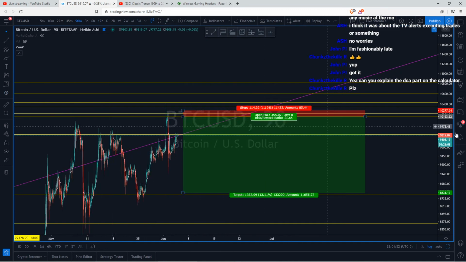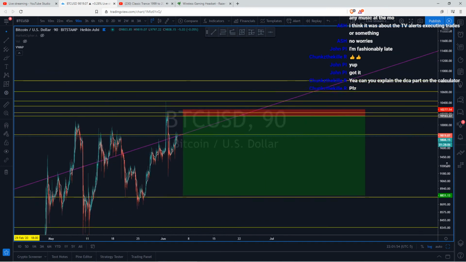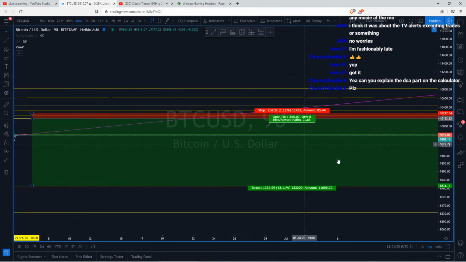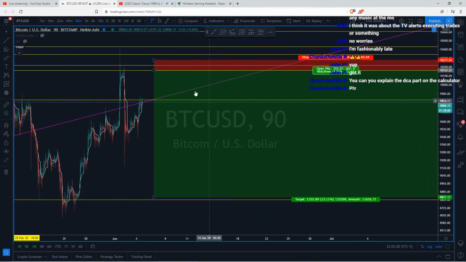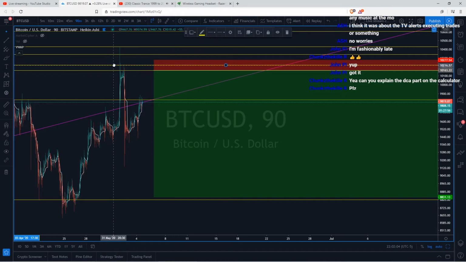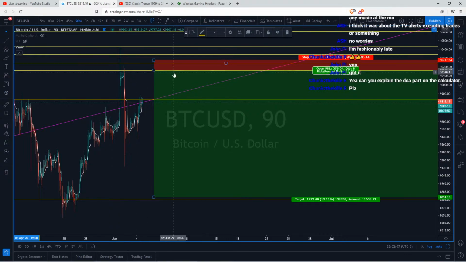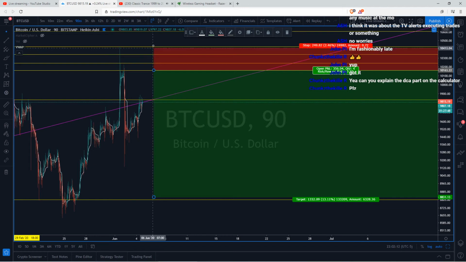And actually, now that I'm down on this lower time frame, let me do this. So we want to move this line up just a little bit. So let's say you wanted to short all in that level there, but you don't know which one of these lines it's going to stop at.